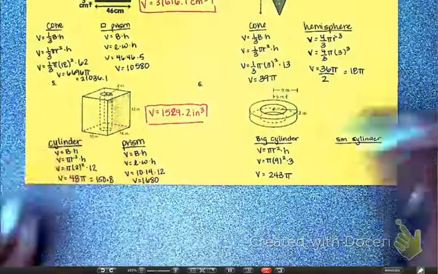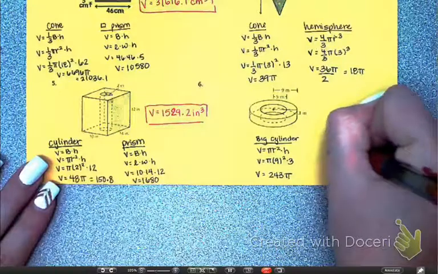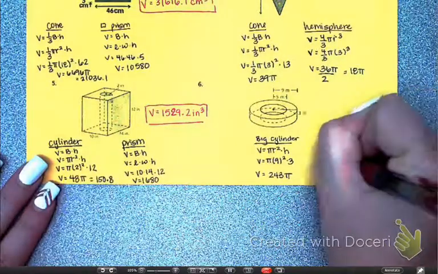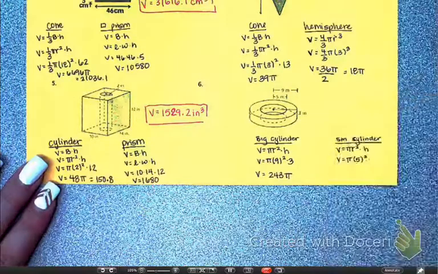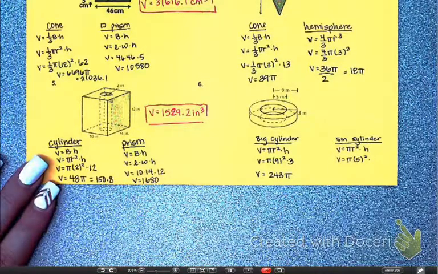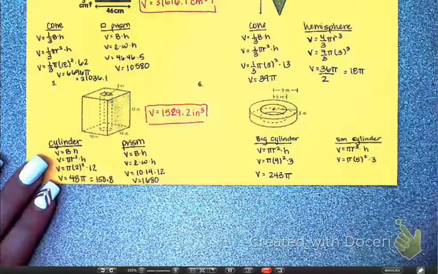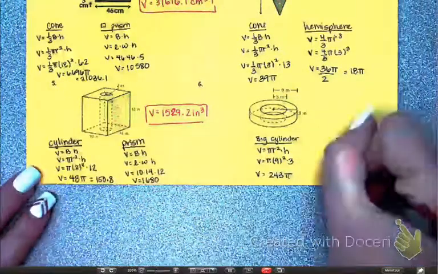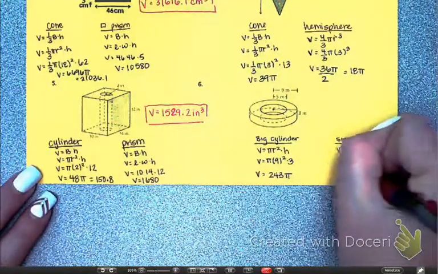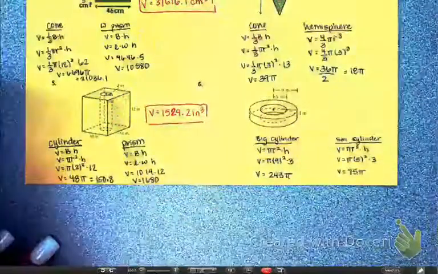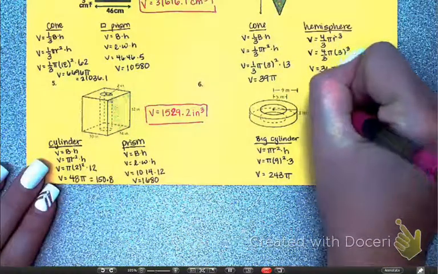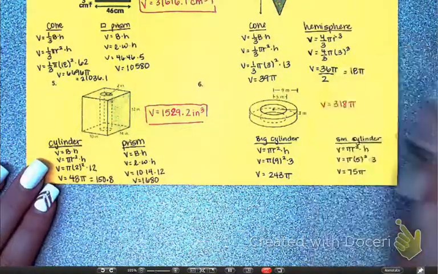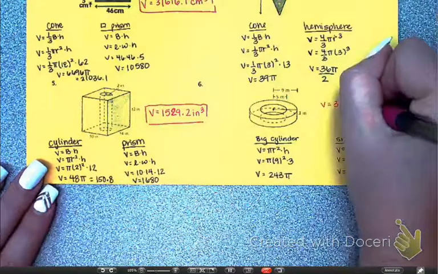Small cylinder, I'm using the exact same formula, except my radius is now 5. Is my height the same? Yes. So 25 times 3 is 75 pi. I'm going to write it as 2 answers. 243 plus 75 gives me a total of 318 pi meters cubed.